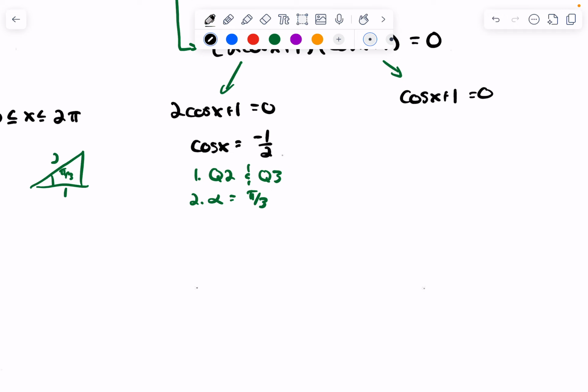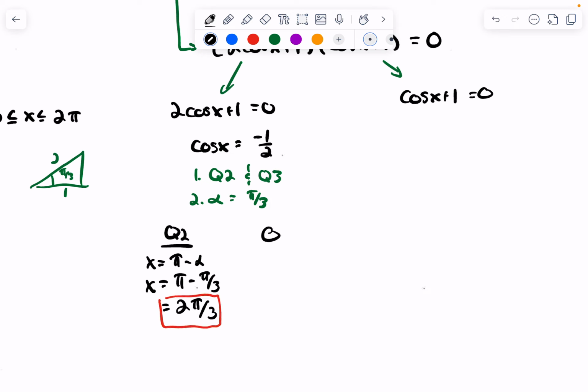And if we solve that then, so quadrant 2, your solution would be x is pi minus your alpha. So x is pi minus pi over 3, giving you 2 pi over 3. That is one of your solutions. And then your quadrant 3 solution would be x is pi plus alpha. So then x is pi plus pi over 3, giving you x of 4 pi over 3.